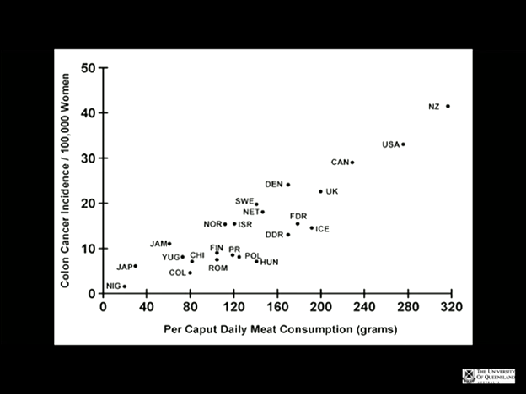Okay, and you can see there, what would you say? Is there a relationship there? How would you describe that, if you have a think about it? It kind of looks like there's something going on, doesn't it? There's a general trend there that as we increase the daily consumption of meat, it seems like there's an increase in the colon cancer levels.